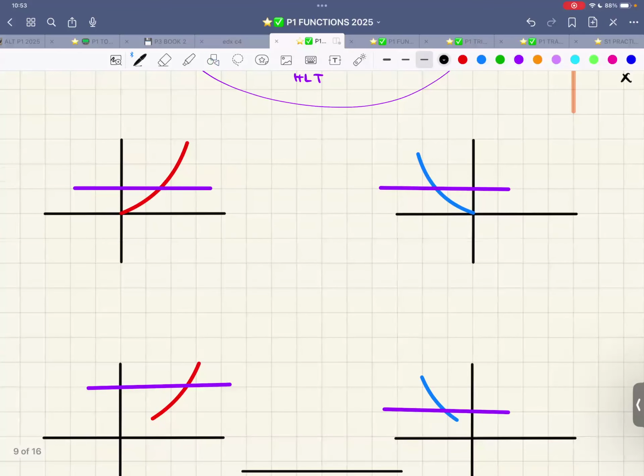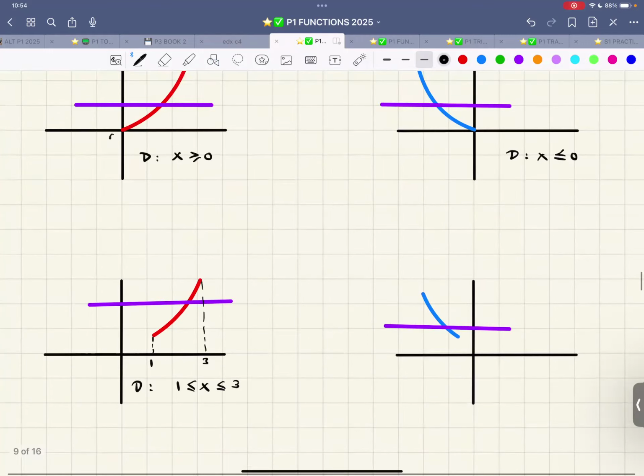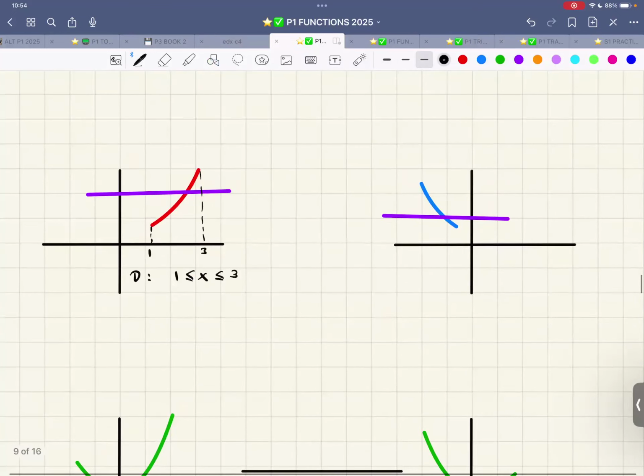So first of all, the domain for this one is x is greater than or equal to 0. The domain for this one is x is less than or equal to 0. The domain for this one is x lying between, let's say, 1 and 3. This value is 1. This value is 3. There is a 0 over here. There is a 0 over here.